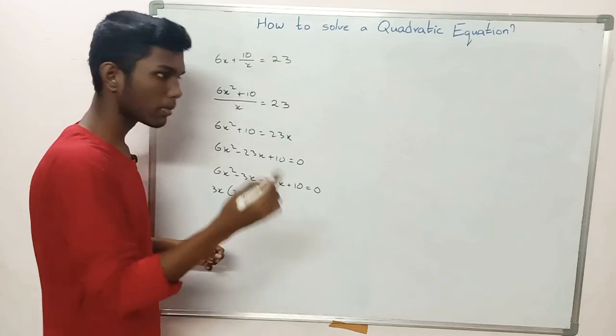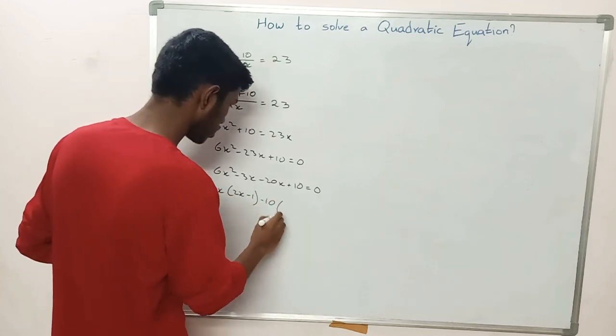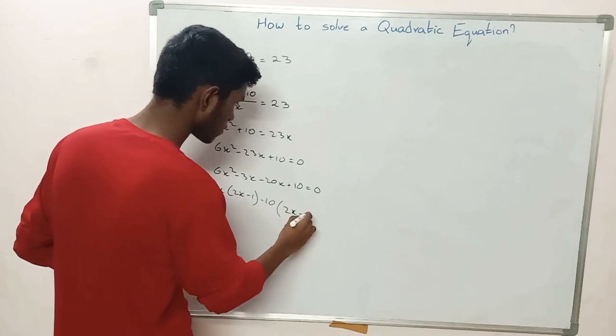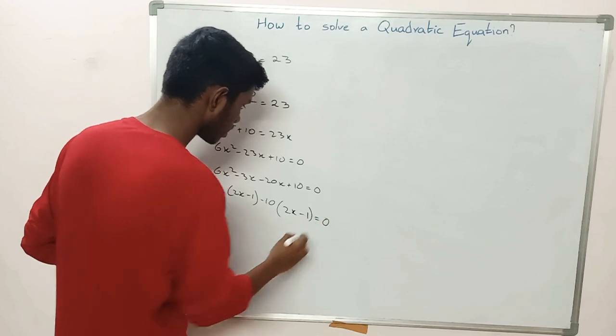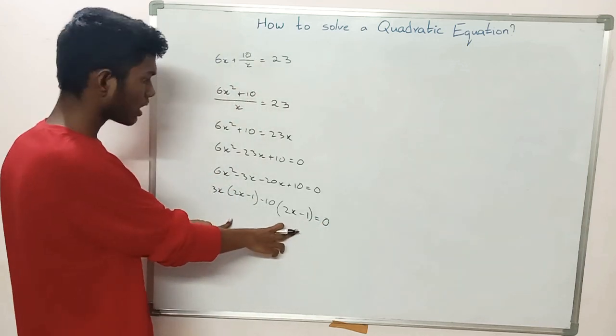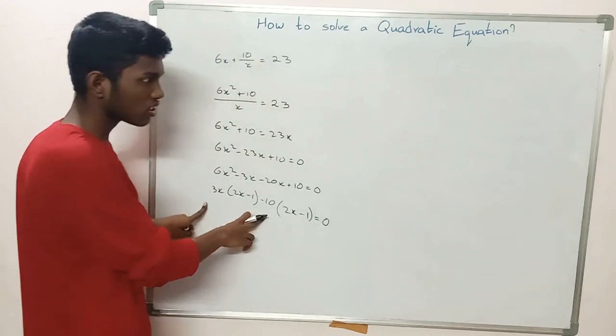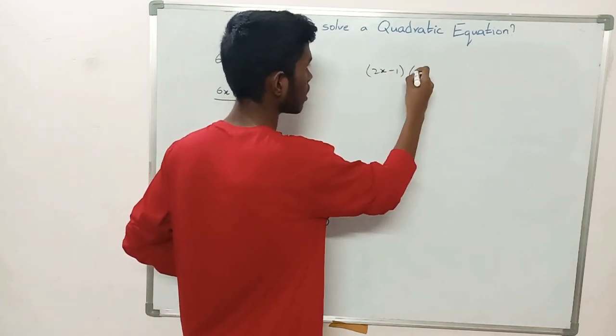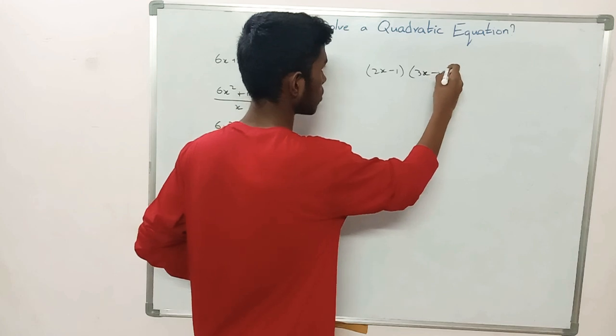So I will take out minus 10, so minus becomes plus 2x and this becomes minus 1. The same thing, 2x minus 1 and 3x minus 10. 2x minus 1 common and 3x minus 10 remains.